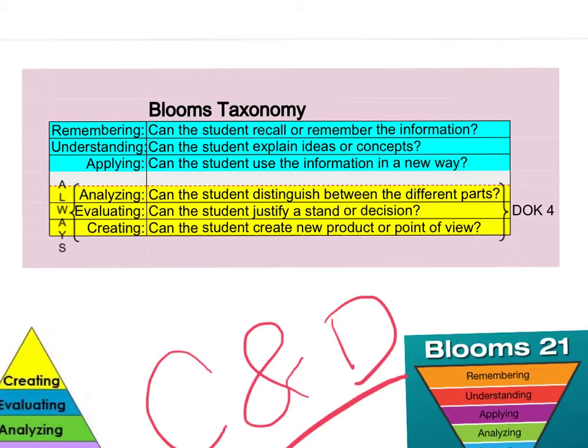So at times, it will be appropriate for us to use an assessment that asks students to analyze, evaluate, and create. However, it's not always going to be possible to do this simply because it's not always going to be appropriate. But when it is, we would like students to be engaged at this level on our assessments.